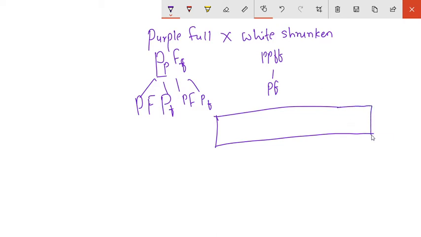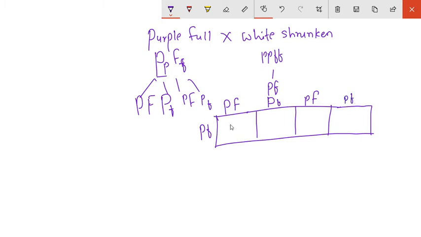Okay, and these progenies are the 4 types of progenies. So 1, 2, 3 and 4. So it is the purple and full, purple and shrunken, white and full, and white and shrunken. Okay.